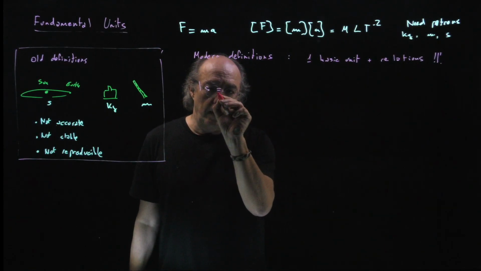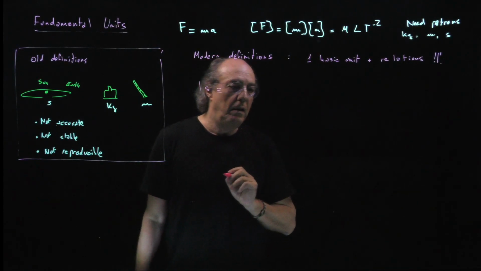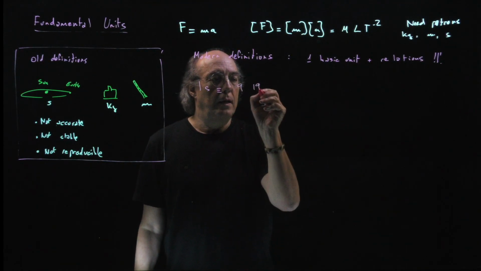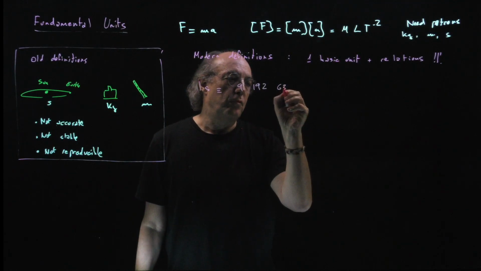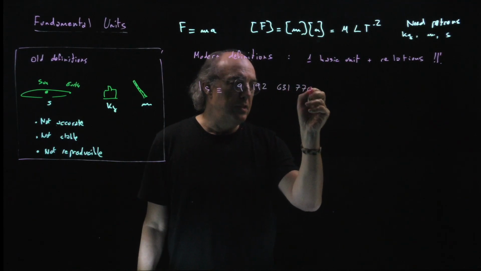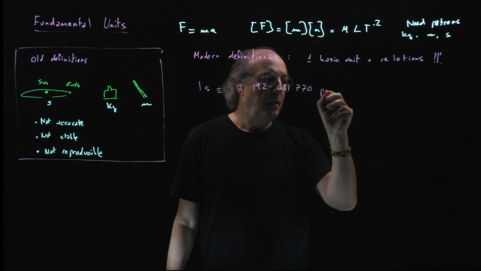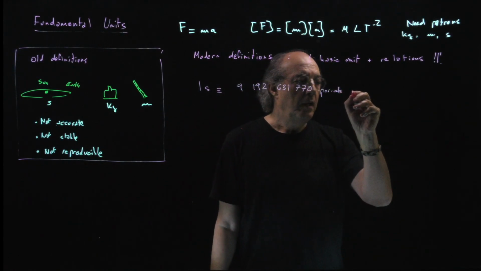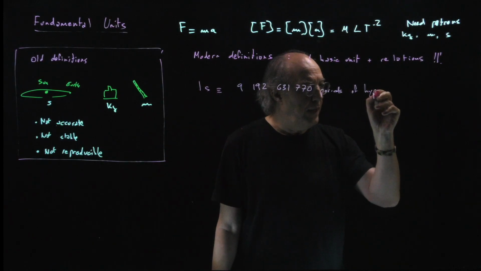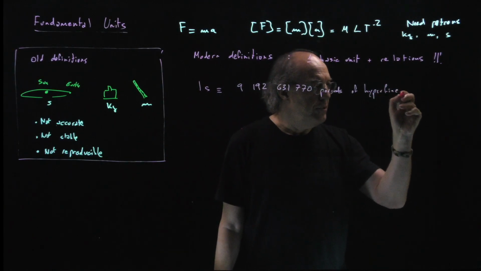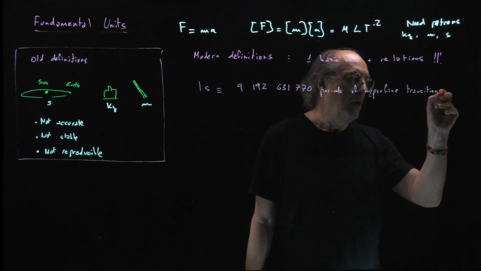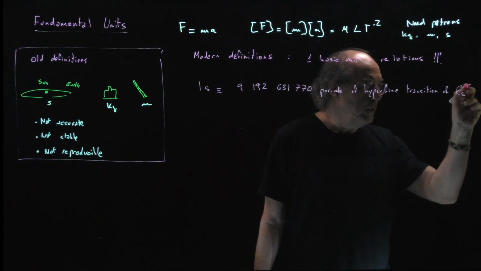I use the symbol for define, three lines, not two. So that was 9,192,631,770 periods of this fundamental transition: the hyperfine transition in the fundamental level of cesium 133.